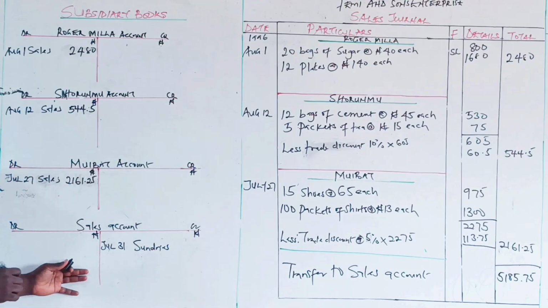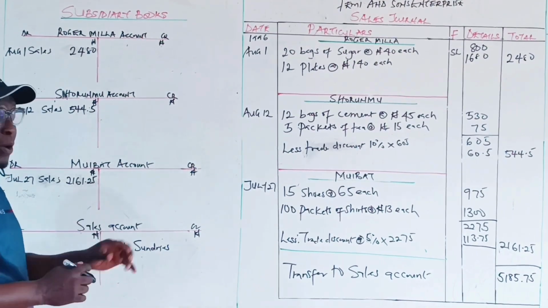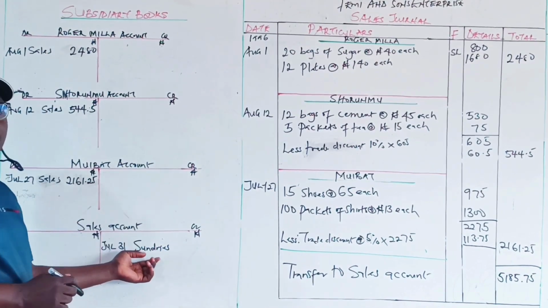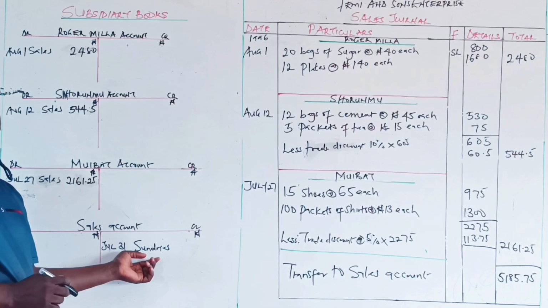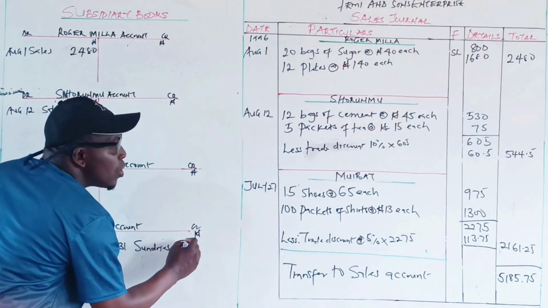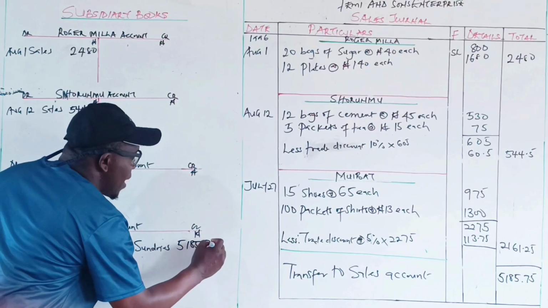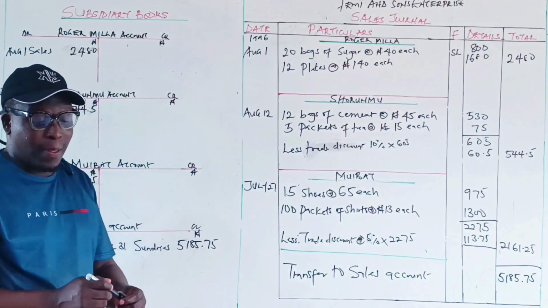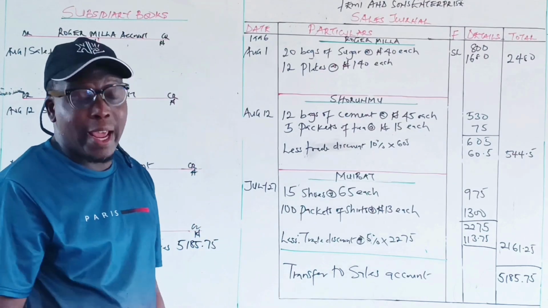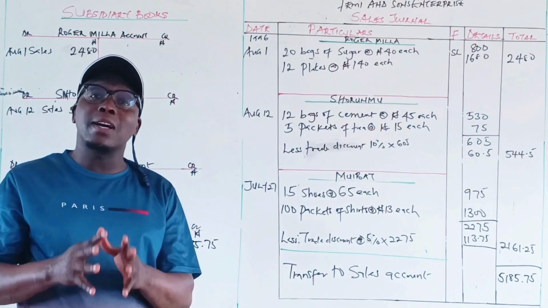So for the sales account, you have July 31st, which is the end of the month, called sundries, which make sundry debtors. So you have 5,185 naira 75 kobo.